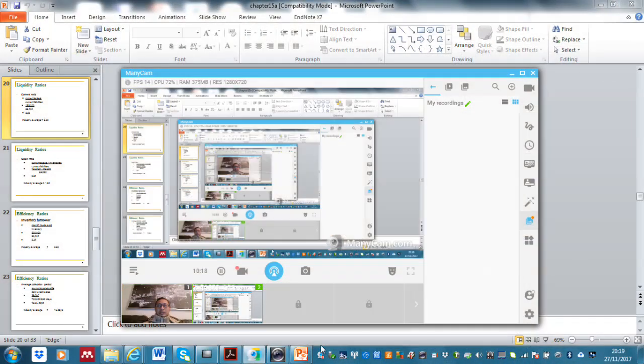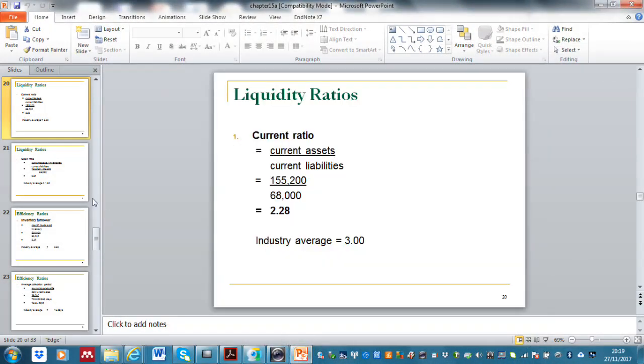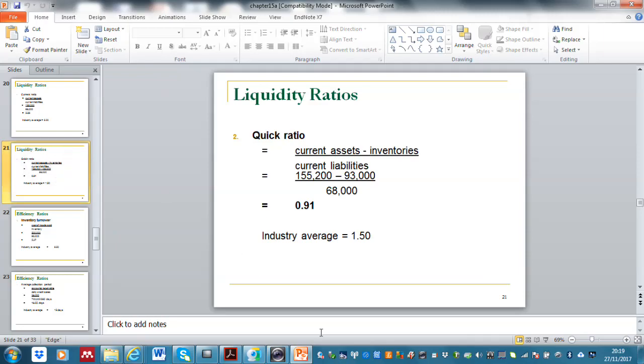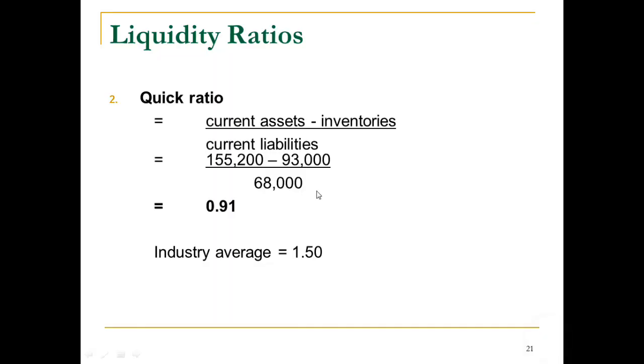And also, if we look at the next one, we have another liquidity ratio, which we call the quick ratio. The formula is almost the same as the current ratio just now, except that we have to minus inventories from the current asset. Why do we need to minus inventories?